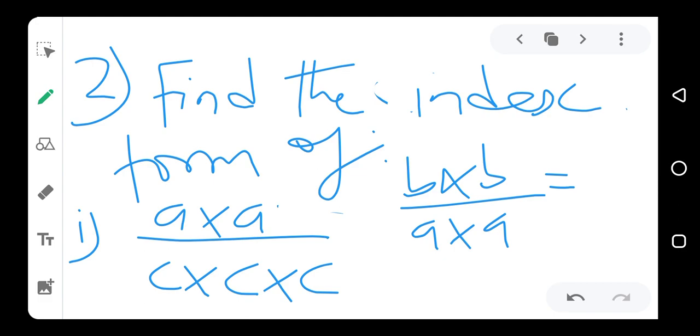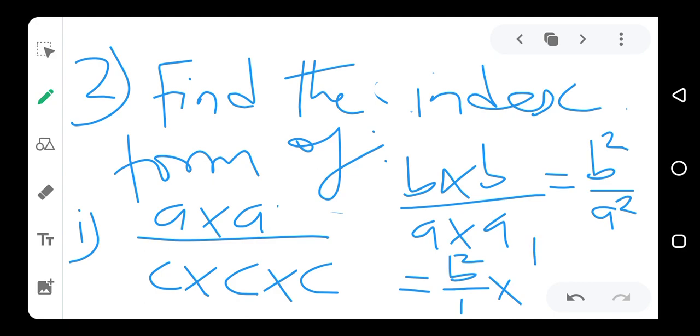b raised to power 2, and then the one that is down, we find the inverse of it, it is a raised to power 2 also. Now what it means is that this is equal to b raised to power 2. What we can times to get this: b raised to power 2 over 1 times 1 over a raised to power 2.